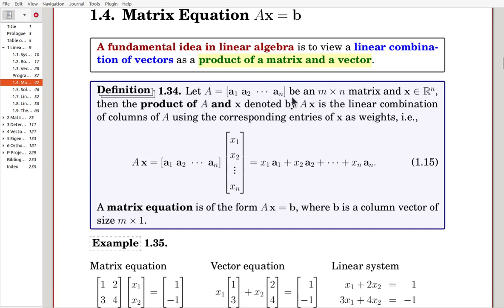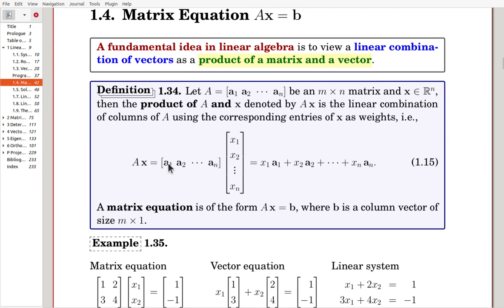A is an m by n matrix, A1 to An are its columns, and X is in Rn. Then the product of A and X, denoted by AX, is the linear combination of the columns of A using the corresponding entries of X as weights.